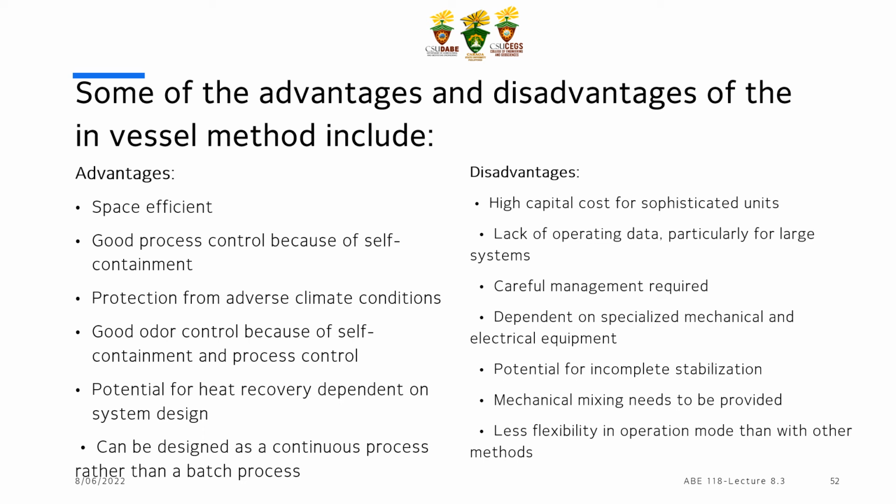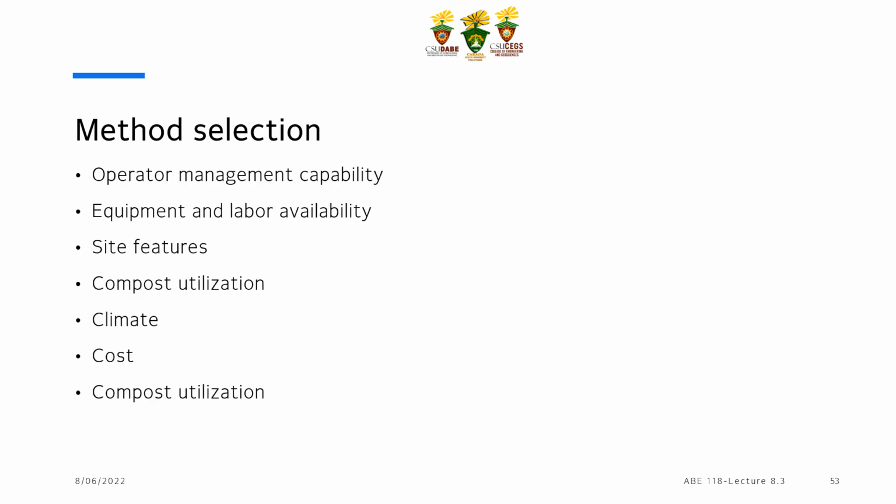And sa disadvantages: high capital cost for sophisticated units, lack of operating data, particularly for large systems, careful management required, dependent on specialized mechanical and electrical equipment, potential for incomplete stabilization, mechanical mixing needs to be provided, and less flexibility in operation mode than with other methods.